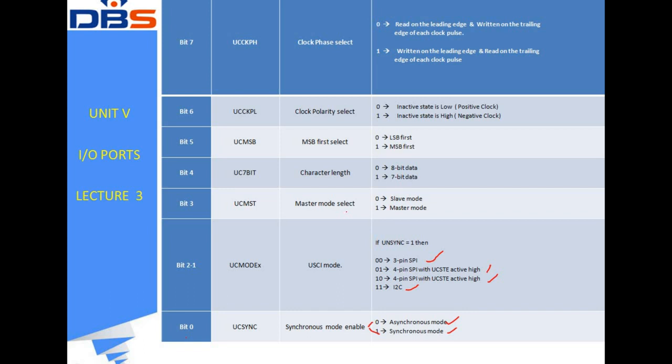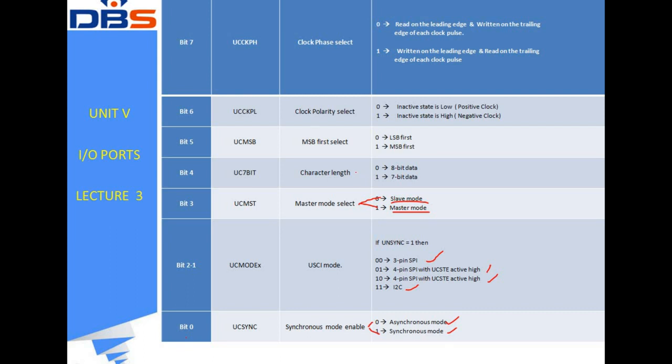Coming to bit 3, master mode selection. That means whether it is slave mode or master mode, which type of mode we need to operate will be selected by this one. If it is 0, then we are choosing slave mode, and if it is 1, then we are choosing master mode.